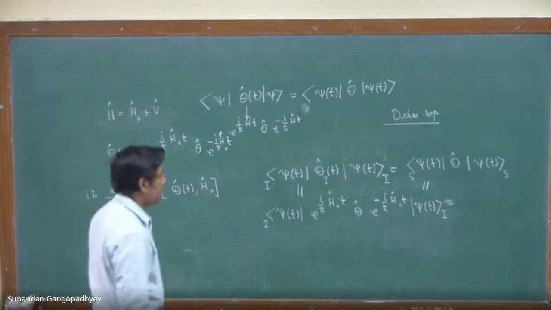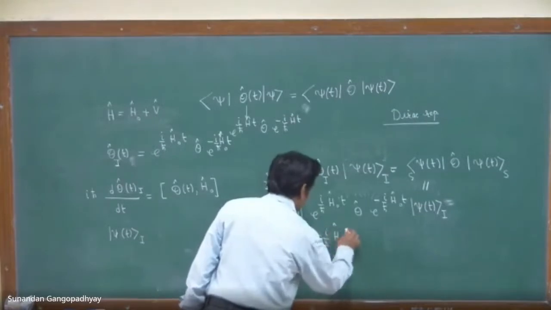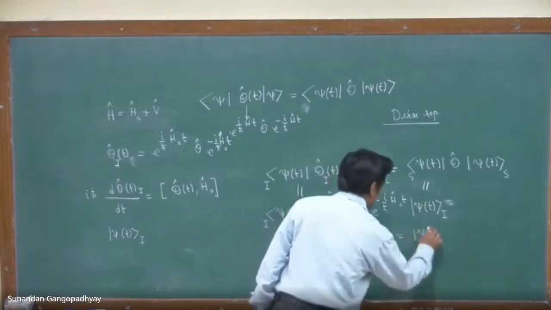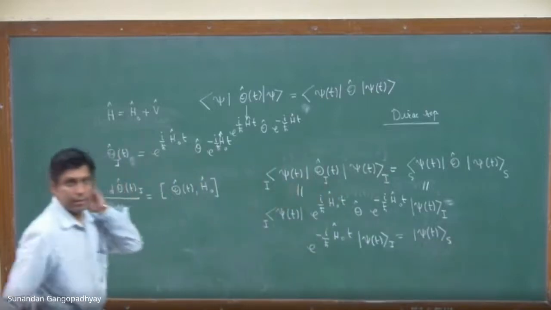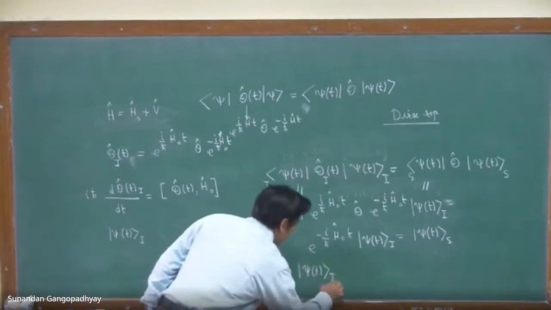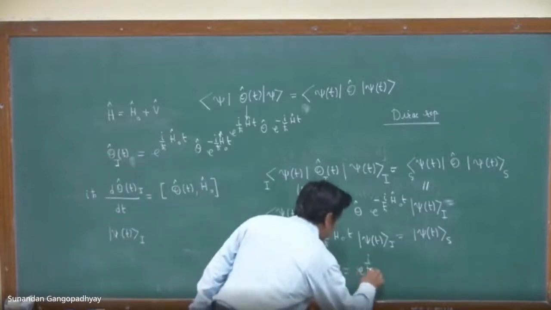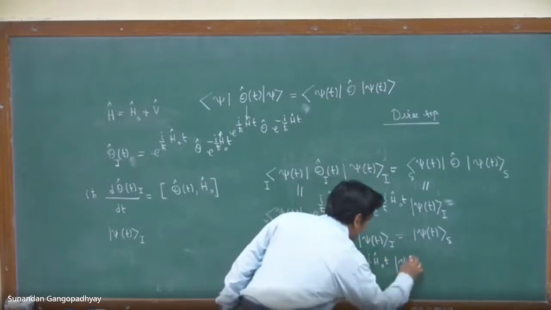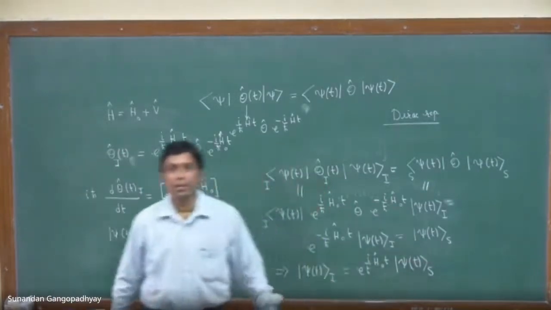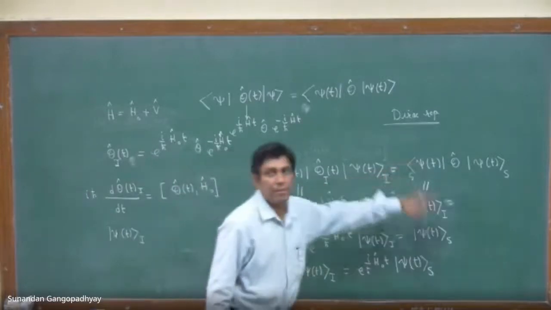And therefore, it immediately follows that e to the power of minus I by h bar H naught t psi I must be equal to psi S. This implies that psi t I, the state gate in the interaction representation, which is also time dependent, is equal to e to the power of this times the state gate in the Schrodinger representation. So this is the relation, and it follows from the equality of the matrix elements.